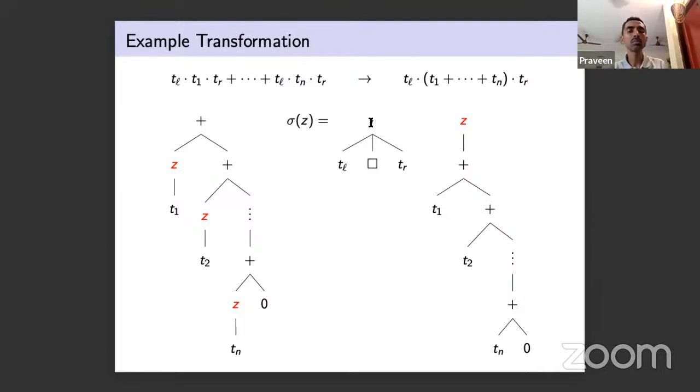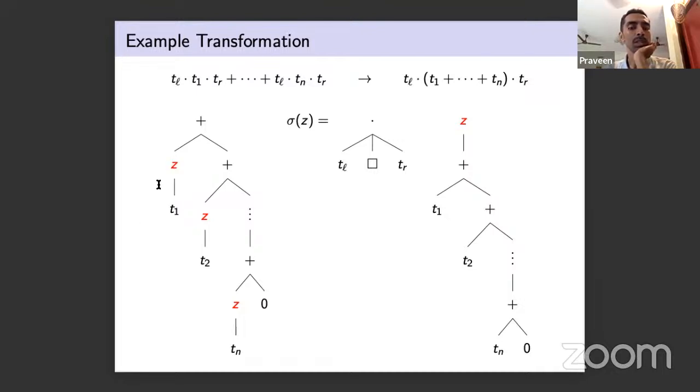A context is nothing but a tree where leaves can have holes where you can fit in other children. So here you have this box, which is intended to carry other children when you actually substitute this into trees.